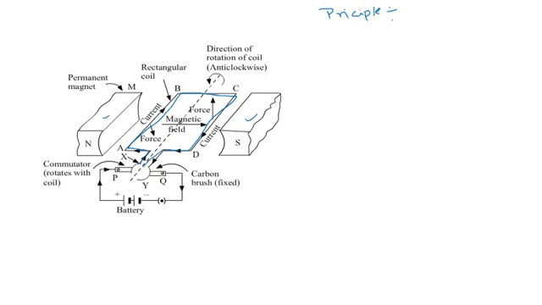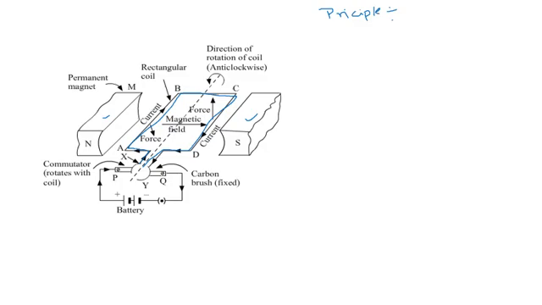This force is going to move the current carrying conductor, which is also very important. A force is applied on the current carrying conductor which will make it move. Fine. So this is all about the principle of electric motor.